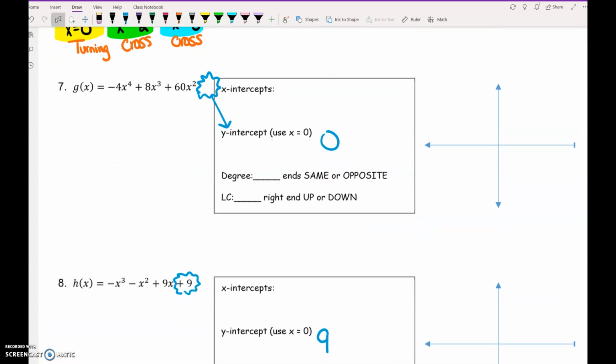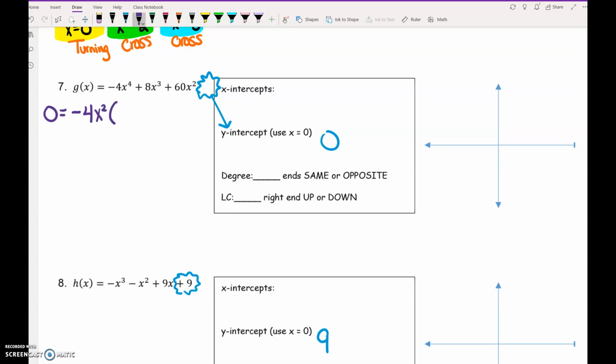All right, let's go back to 8. We need to factor. I don't like that negative in front, so I definitely want to try to factor out a negative. Can we divide all of those by 4? Yes. Can we divide all of them by some x's? x squared.